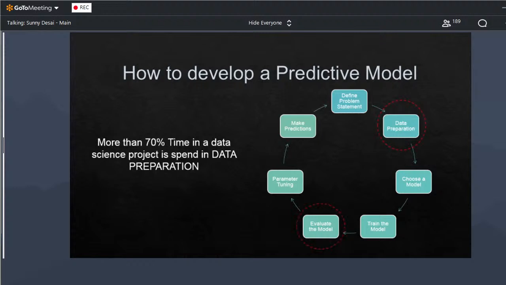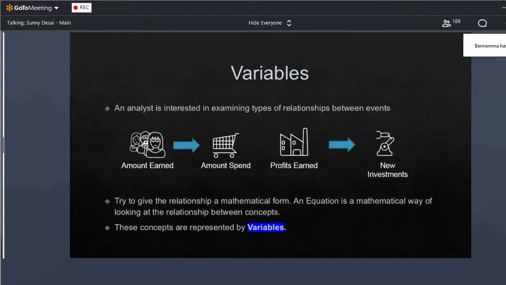It plays a key role in evaluating the performance of the model. It plays a key role in fine tuning your model and generating more and more reliable results. And it helps you deploy those models and make real time predictions. And that is why, in predictive models, statistics, AI and ML play a very key role. From here, let us now go forward and talk about variables.